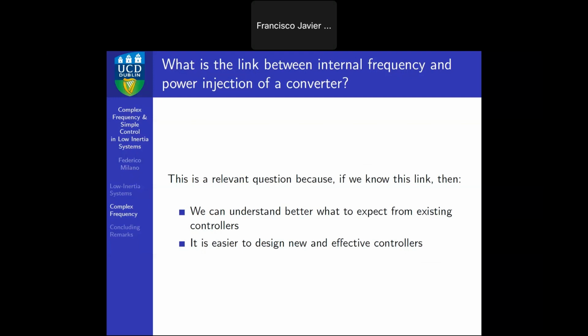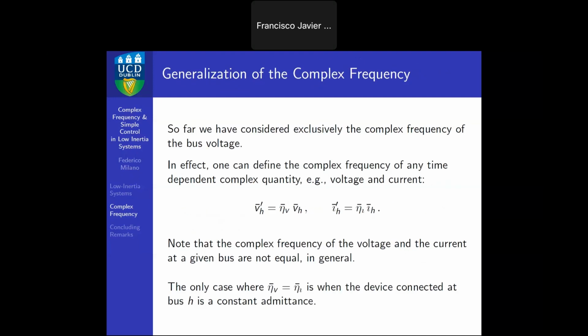It's better to actually estimate this internal omega, the same way that we use the internal angular speed of the machine, not the omega of the bus. At this point, I needed to use the information that, in general, during the transient, the eta, so the complex frequency of the current, is not the same as the complex frequency of the voltage.